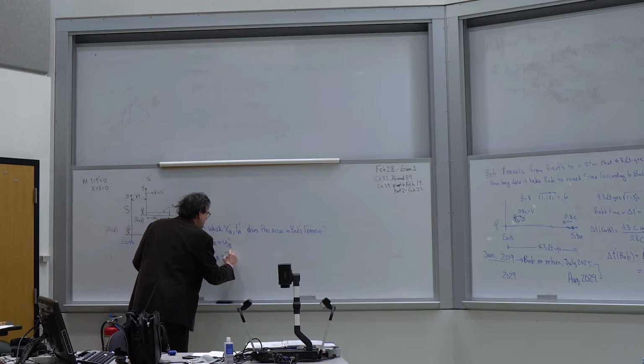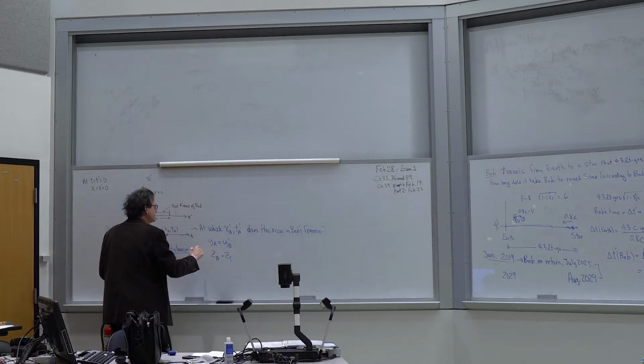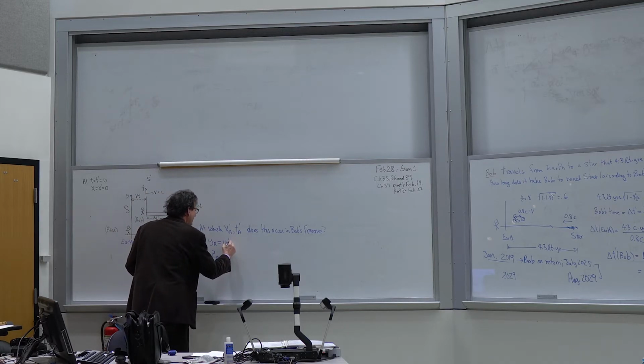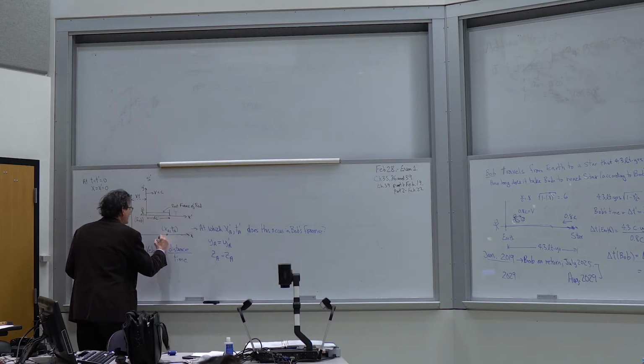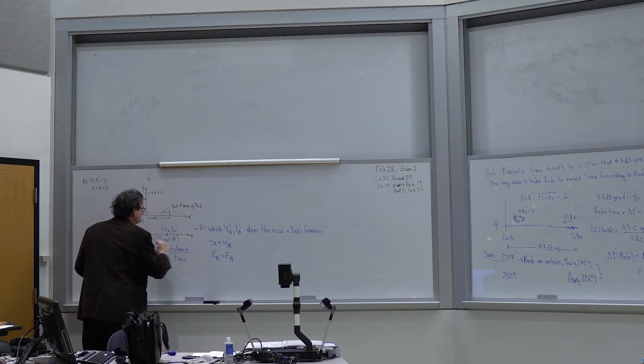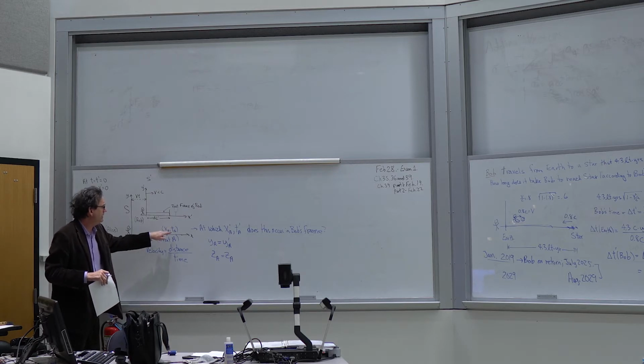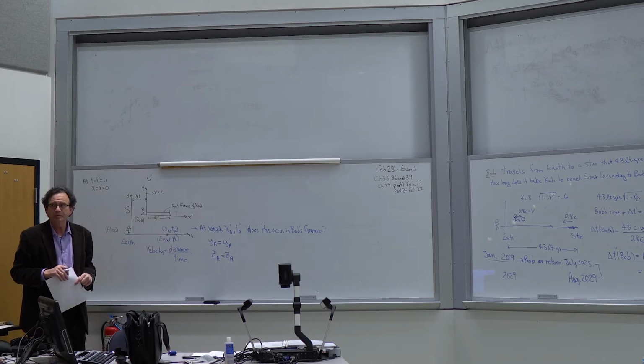So just like in non-relativity, Y A equals Y A prime, and Z A equals Z A prime, and this is for event A. A is the event. It occurs at a certain point, X sub A, at a time T sub A.